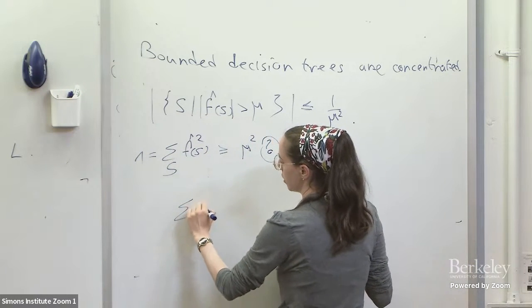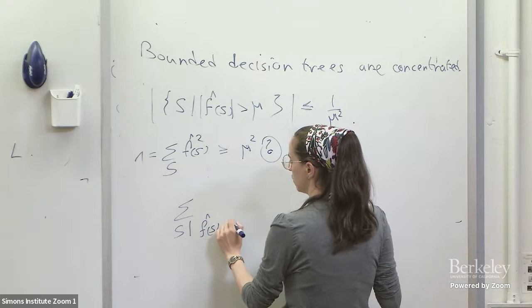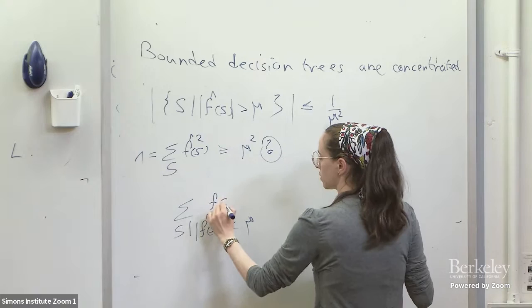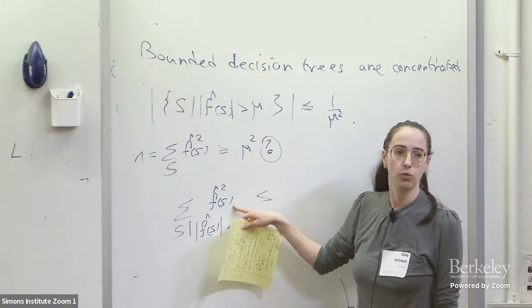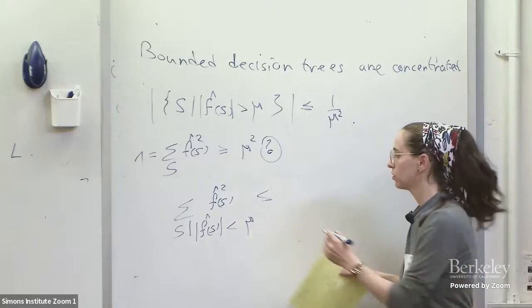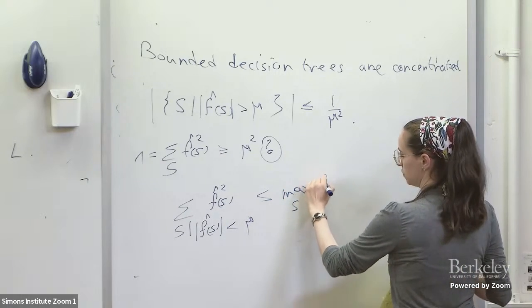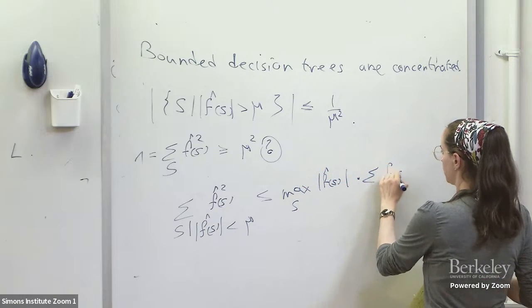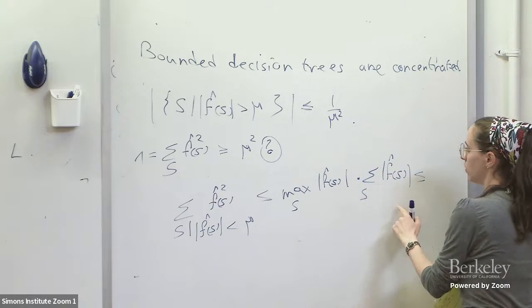If we take the summation over all S such that the Fourier coefficient is at most mu of the Fourier coefficient squared, we know something about the L1 norm. So let's take the maximal coefficient outside times the L1 norm.